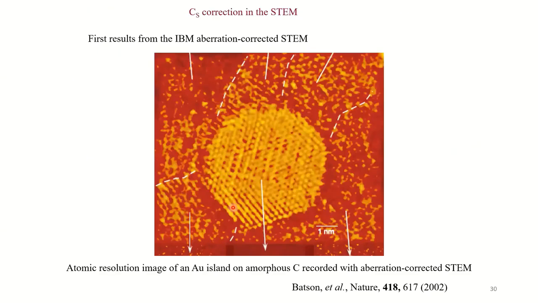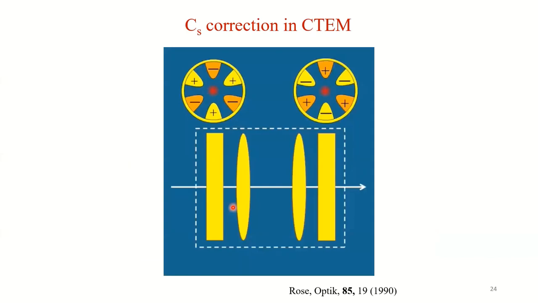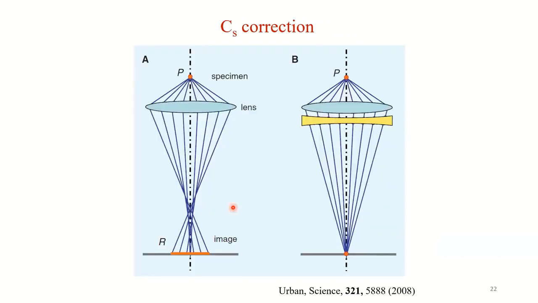Because as I showed here, you need to work at high collection or probe convergence angle, because one way to reduce these aberrations is by putting an aperture here. So you have small angle scattered rays here, but you lose this high angle information.